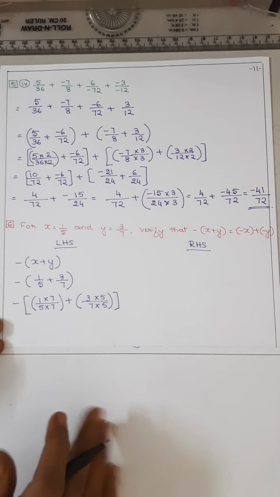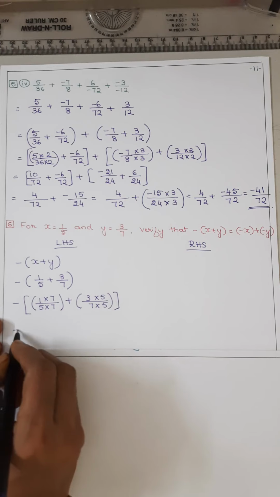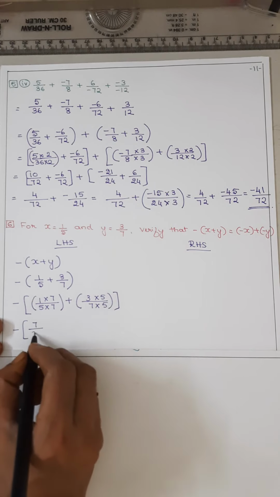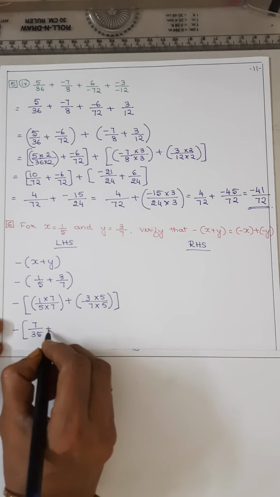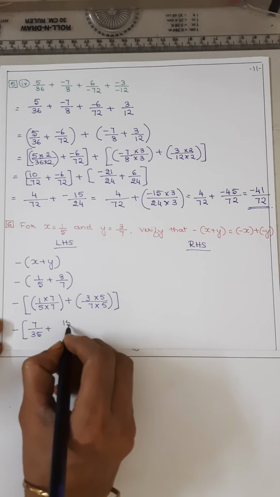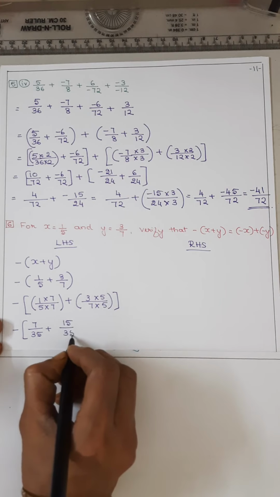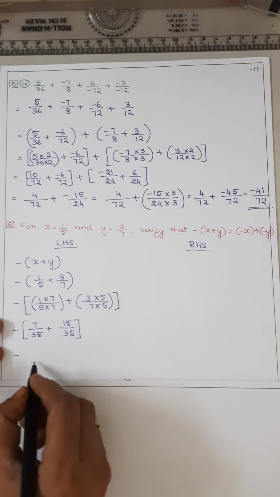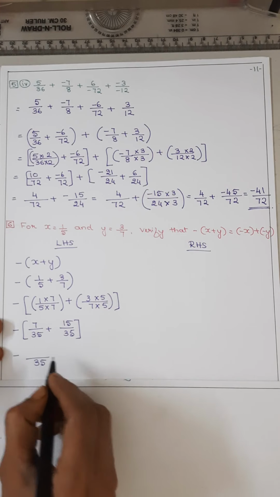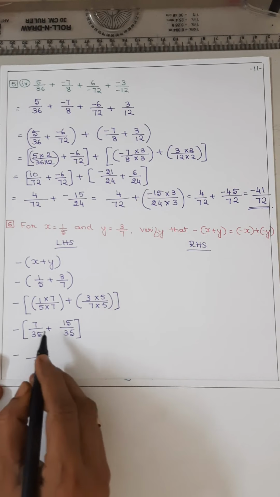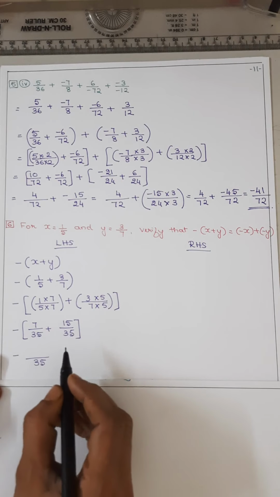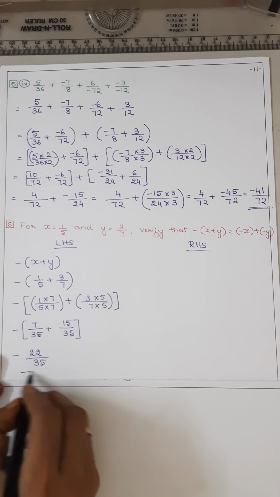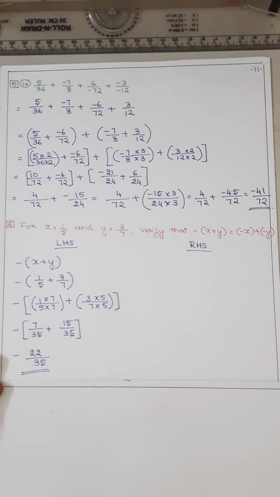Okay, now it will be minus 1 sevens are 7 by 5 sevens are 35 plus 3 5s are 15 upon 35. Now here the denominator is 35, numerators both are positive. So 7 plus 15 is 22. So the answer is minus 22 by 35.